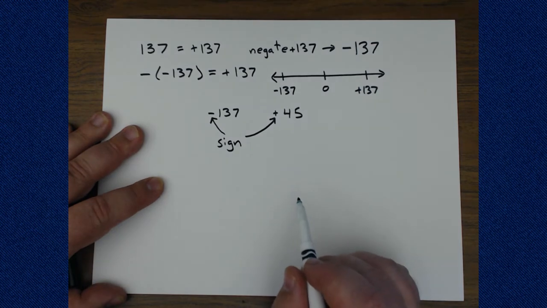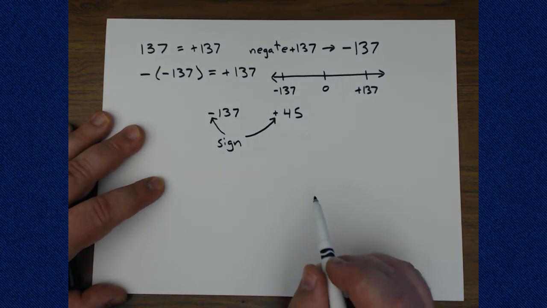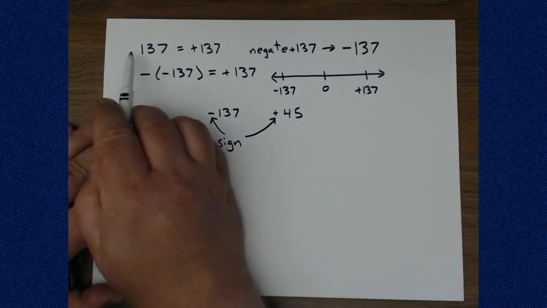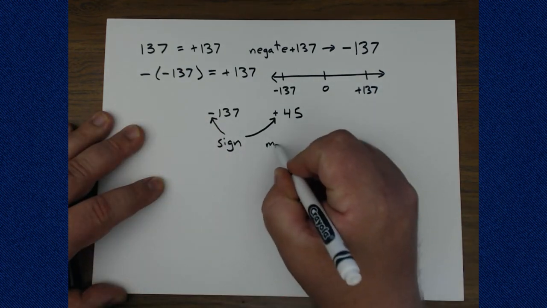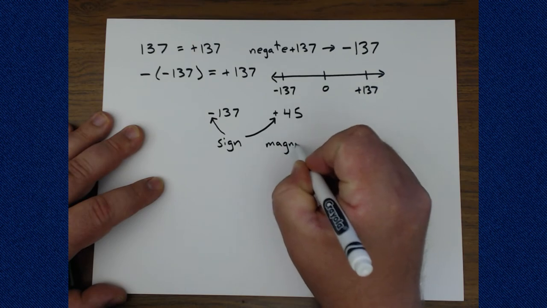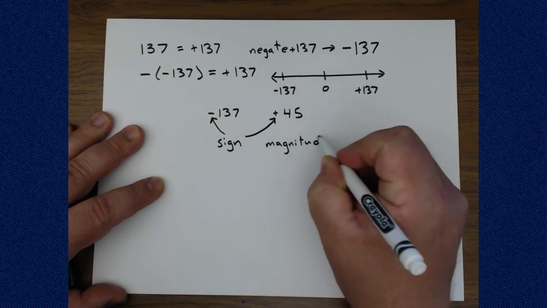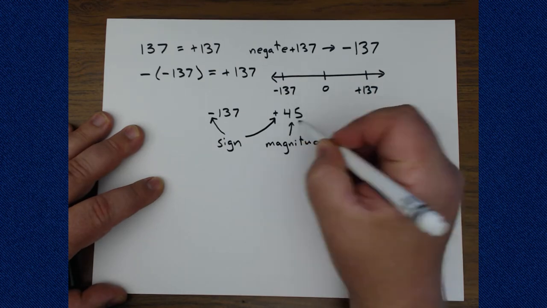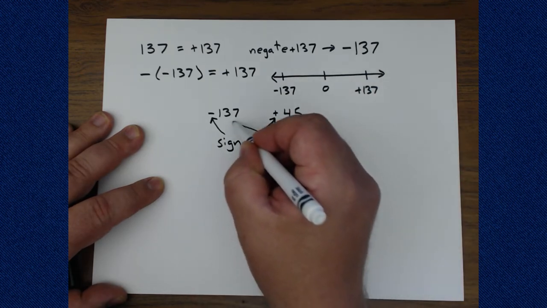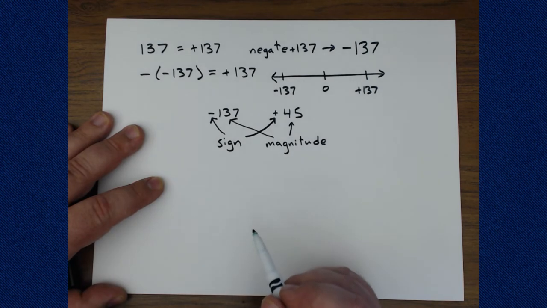So each number in a signed magnitude representation has a sign, whether we choose to write it on paper or not. It also has a magnitude, and the magnitude effectively just tells us how far away from 0 this particular value is. So this value is 45 from 0. This value is 137 from 0.